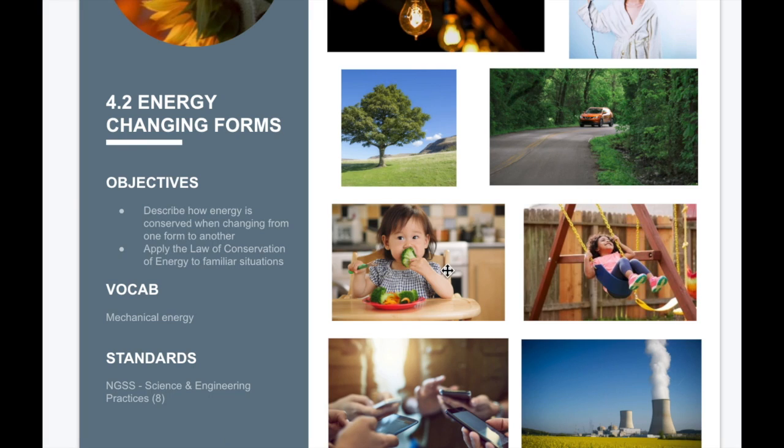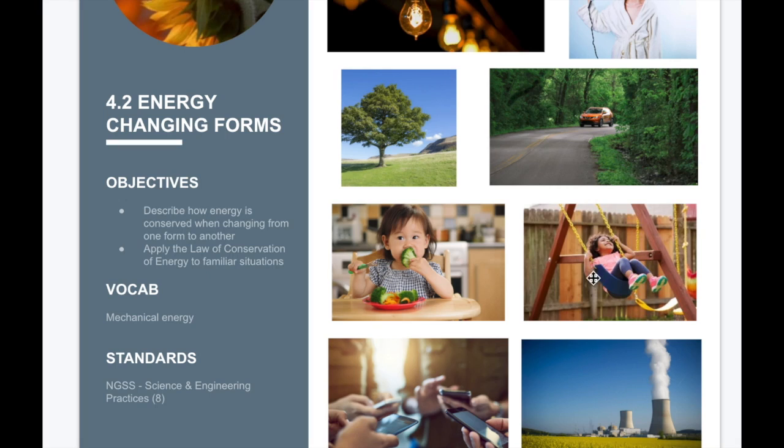Okay, the toddler eating, they're taking chemical energy, stored energy in the vegetables, and then it's going to be converted into multiple different things. You could say kinetic energy, so it helps the toddler move, or you could say thermal energy because it helps to keep our body temperature at the correct heat.